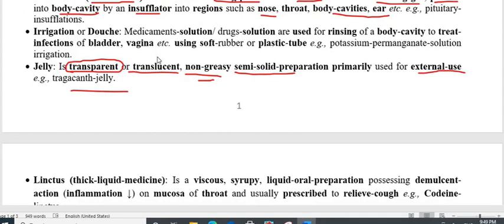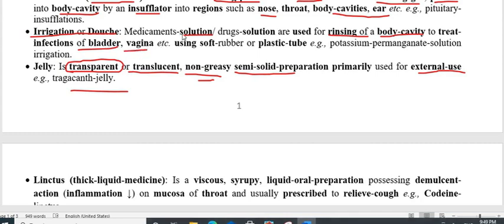Now we have to go through the word irrigation or douche. Irrigation is simply irrigating an area, particularly a body cavity, using a solution for rinsing purposes in infections of the bladder, female genitalia, and vagina.